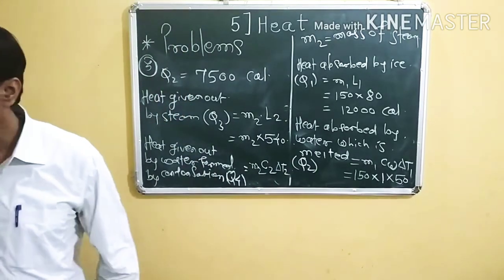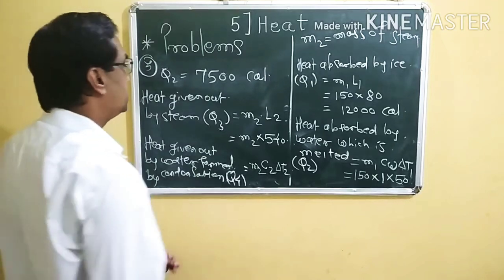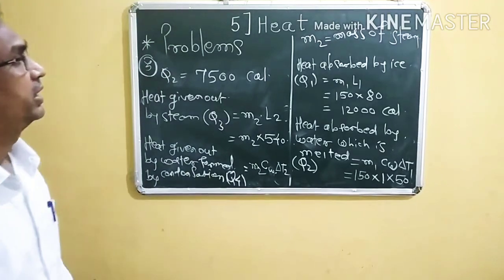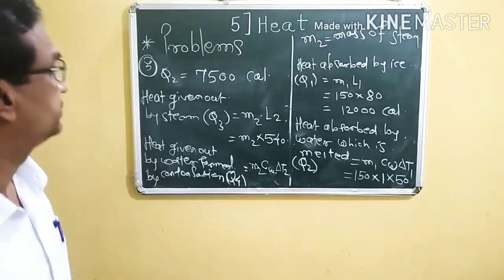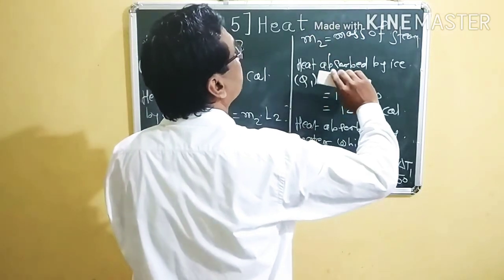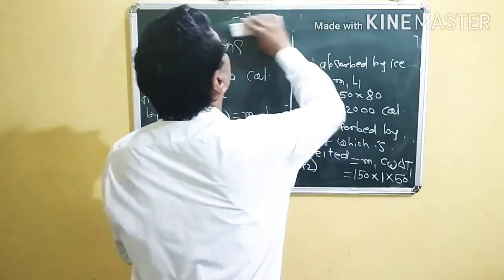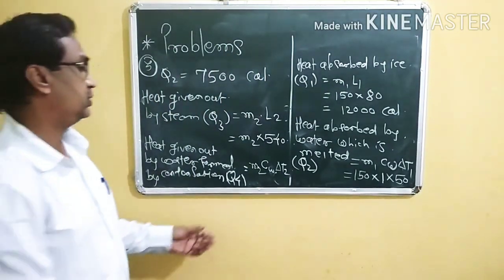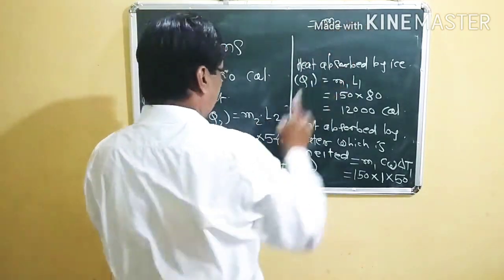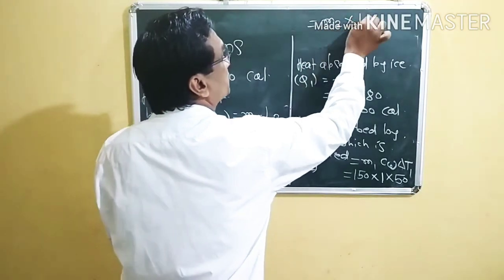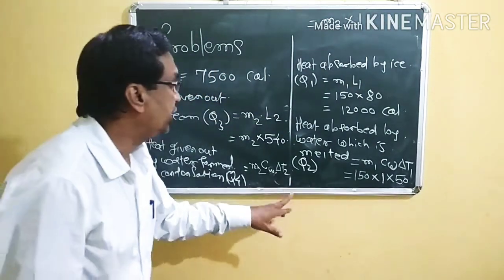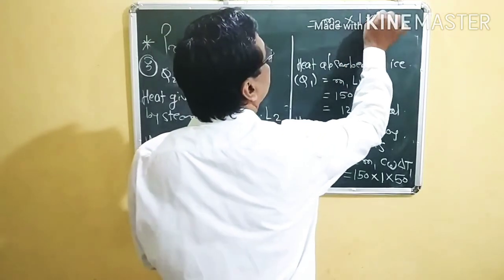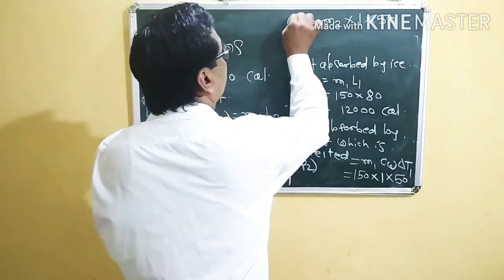C2 here is the same specific heat of water. By putting values, we have M2, which we have to find out, into 1, the specific heat of water, and delta T2 is 100 minus 50, that is 50. Okay, here is Q4.